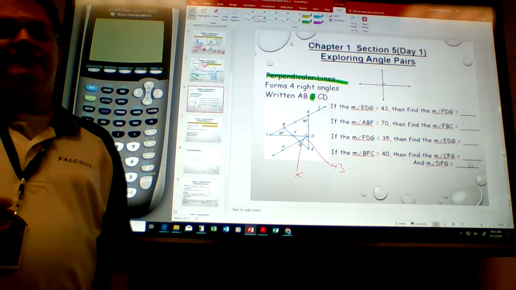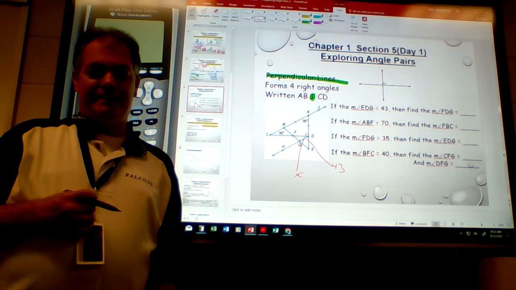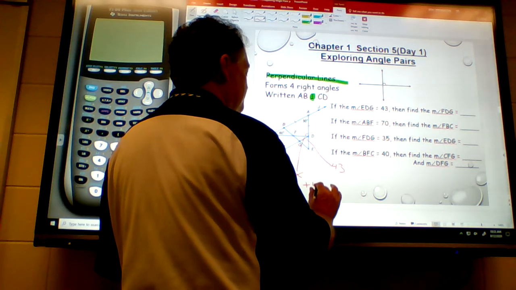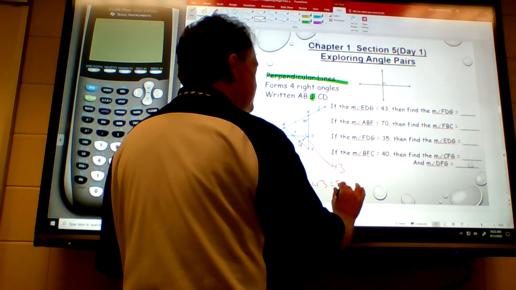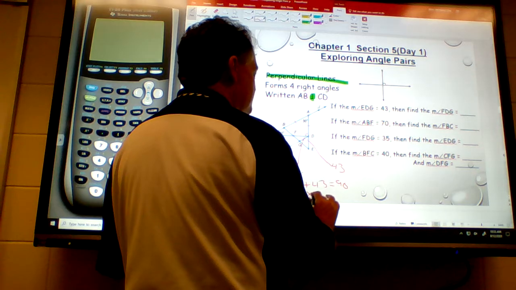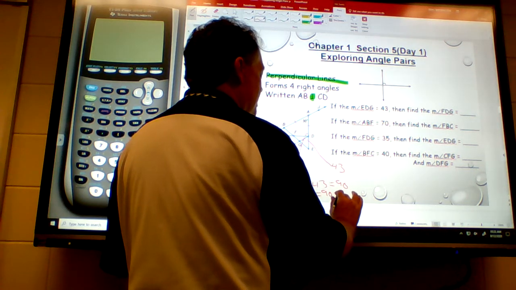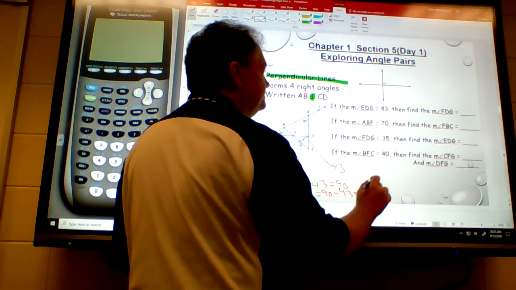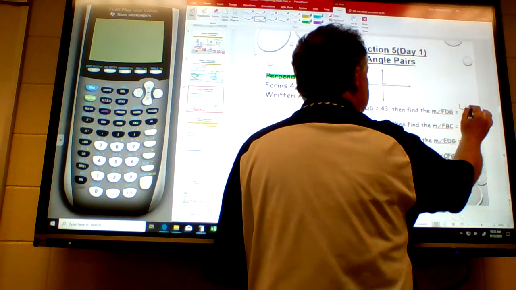We look at them, and we know that they're complementary. So X plus 43 equals 90. So therefore, X equals 90 minus 43, which is 47. So that's 47 degrees. All right.